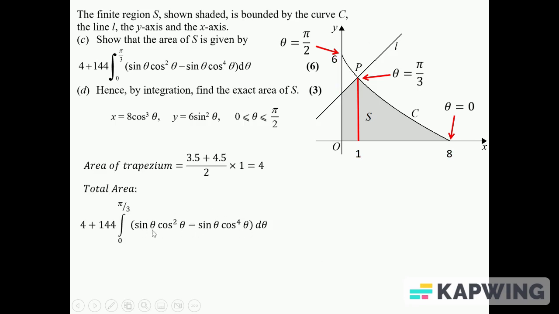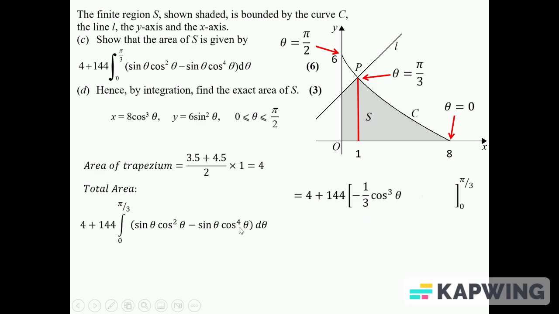Well, we need to do this integration. So we'll do 4 plus 144. Now, if I need to differentiate something to give me this, to reverse the chain rule really, if I differentiate cos cubed, the 3 will go in front, and then I'll have cos squared multiplied by minus sine, but I don't want the minus, I don't want the 3 in front, so I have to multiply by minus a third.